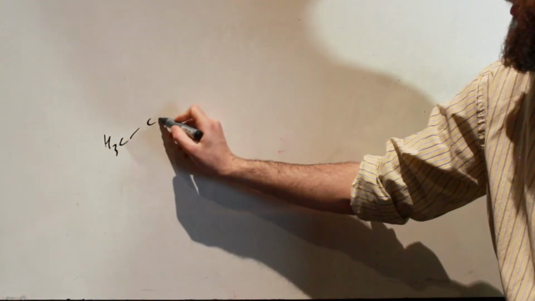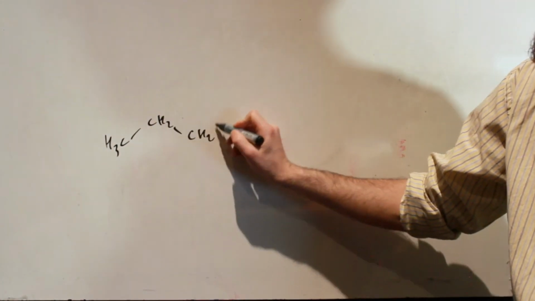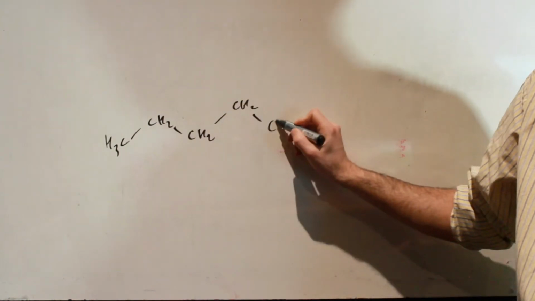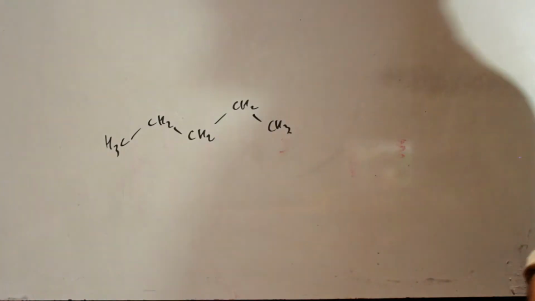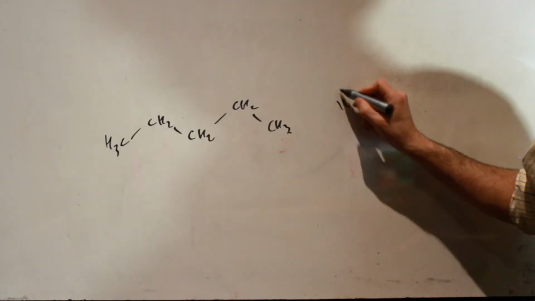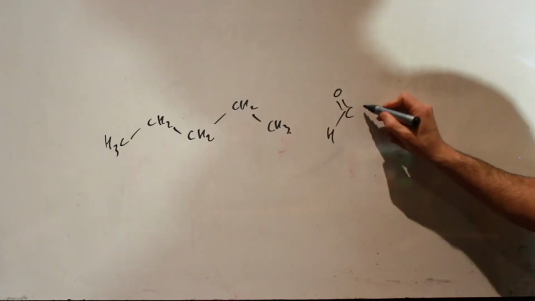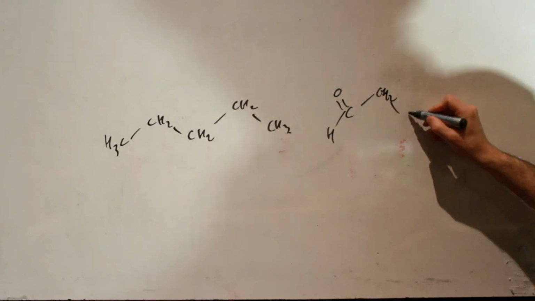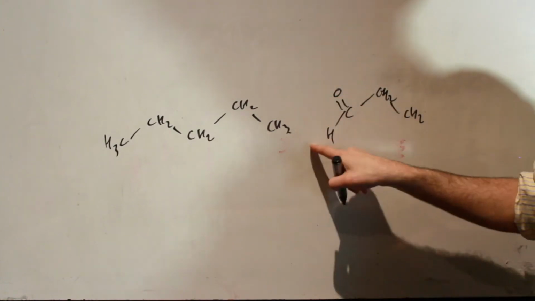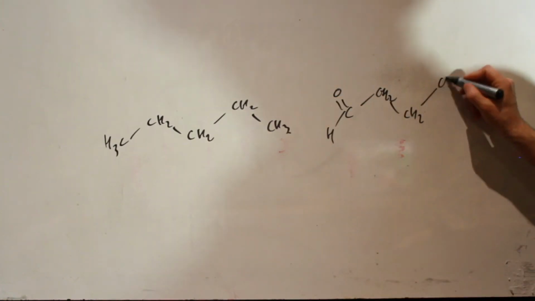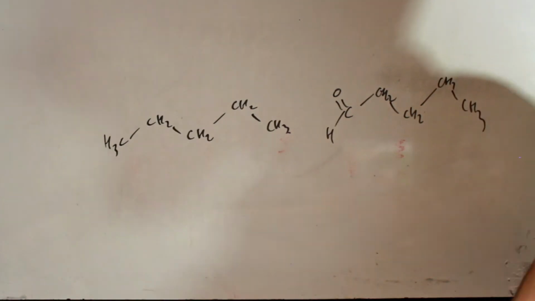We have C5H12, whereas our pentanal is a little bit different. It has this group on the end. Still 5 carbons, however, we have this oxygen functional group that exists at the end of the chain there.